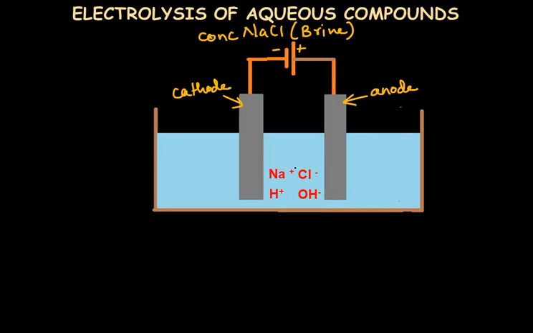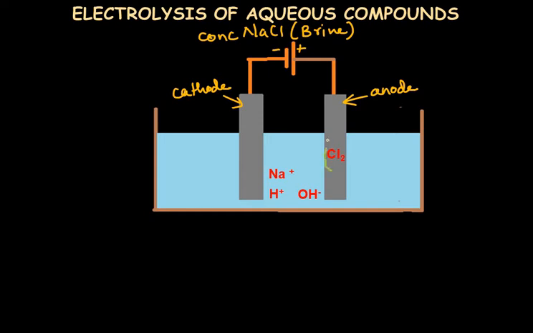Out of these 4 ions, according to the reactivity series, the chloride ions will get discharged at the anode if it's a concentrated solution, and out of the 2 cations, the hydrogen ion will preferably get discharged at the cathode because it is less reactive compared to the sodium ion. So at the anode, chloride ion will lose electrons, which move towards the positive terminal of the battery, forming chlorine molecules, that is chlorine gas at the anode.